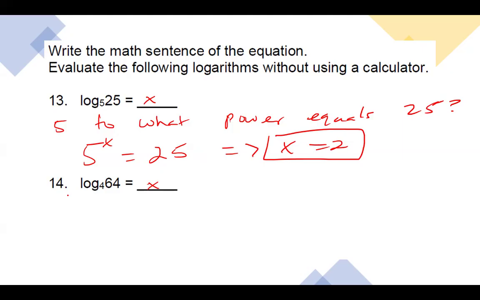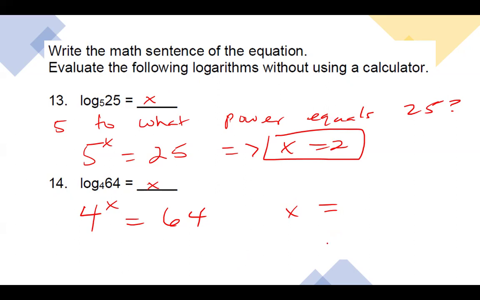So let's try 14. We have log base 4 of 64 equals x. So I'm asking myself, 4 to what power equals 64? And that's going to tell me my x. Anyone?